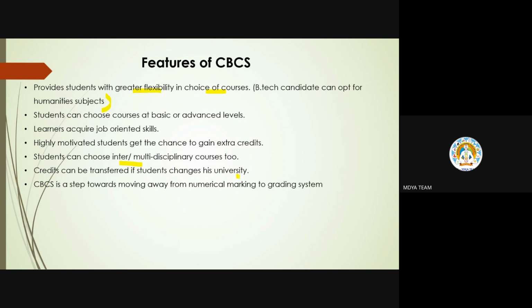For example, you are studying in a university that provides a choice based credit system. You are pursuing a master's degree there, and each semester has 5 subjects, and the credit allotted to every subject is 2. So for one semester the total credit is 10, and for 2 semesters it is 20.